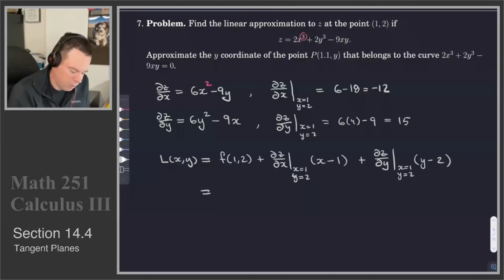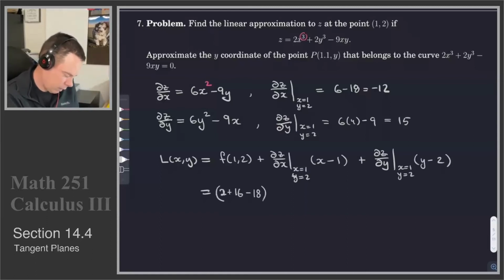So I plug 1 and 2 into our expression for our function, and I get 2 times 1 cubed, so that's 2, plus 2 times 2 cubed, so that's 2 times 8, that's 16. So I get a 2 plus a 16 minus a 9 times 2 minus an 18.